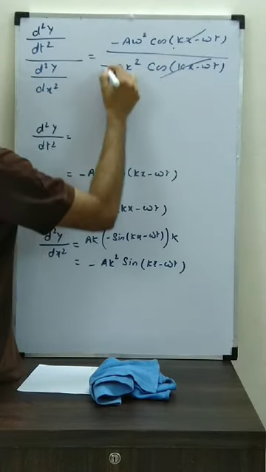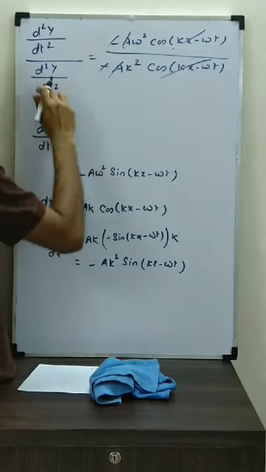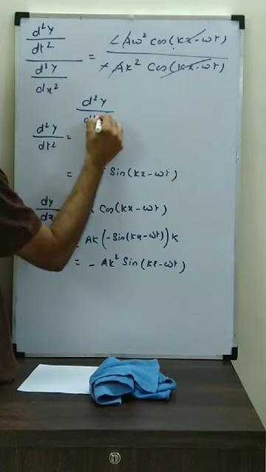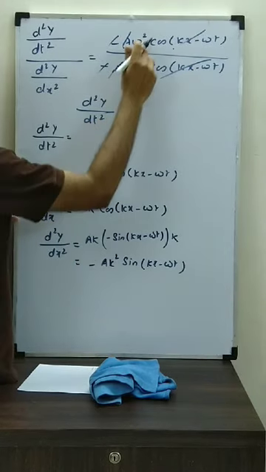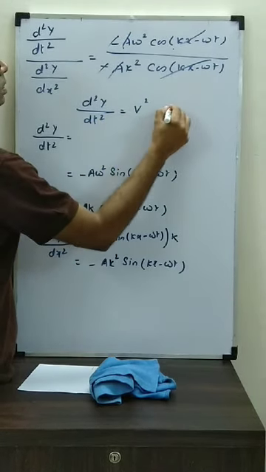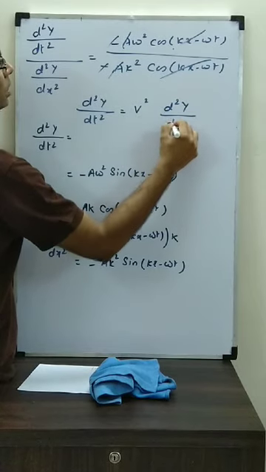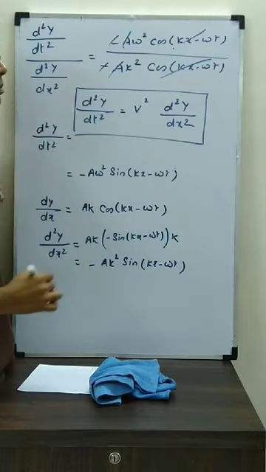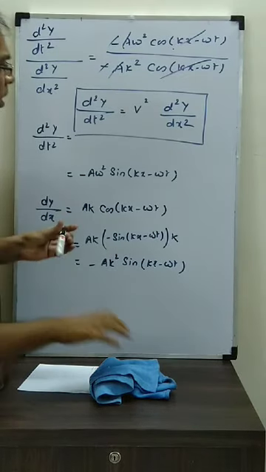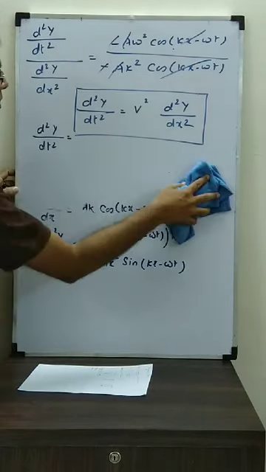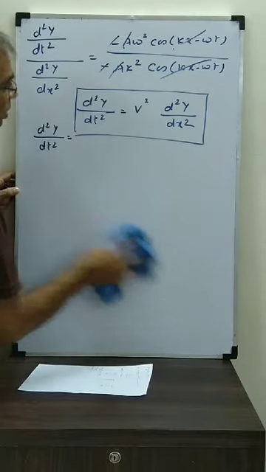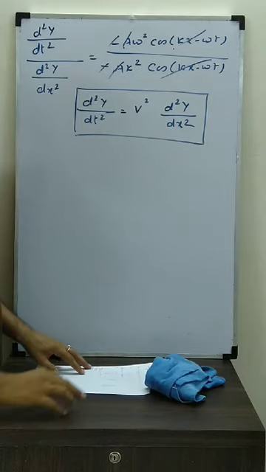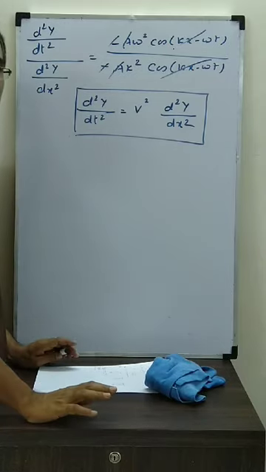This and this get cancelled. This minus is gone. This a is gone. Now take this one there. So d square y by dt square equals omega square by k square, which means v square, times d square y by dx square. This is the condition of a progressive wave. If any progressive wave is there, it has to satisfy this relation. If it satisfies this relation, then only you can say that the wave is progressive or not. This is the method which is given in the books to you.